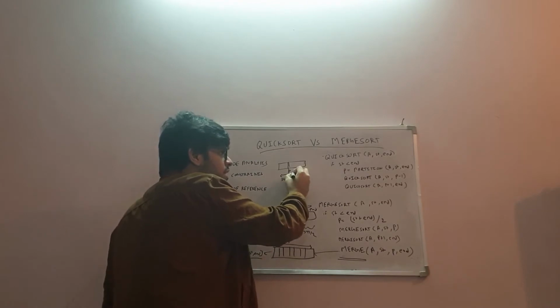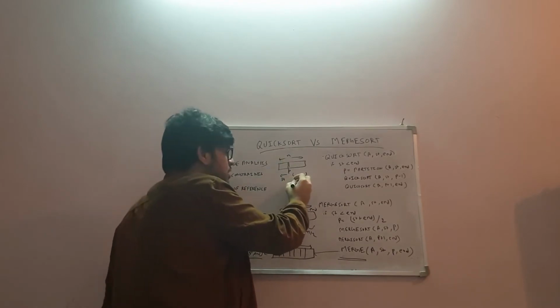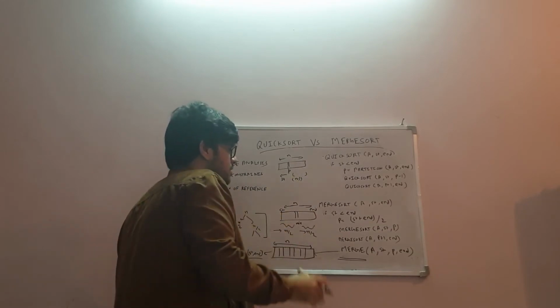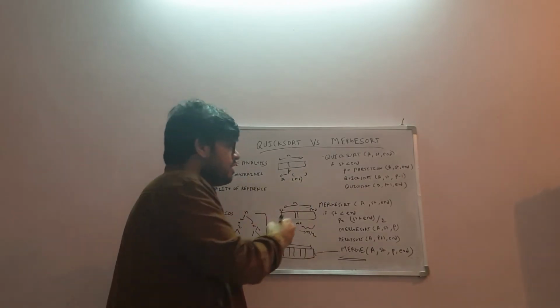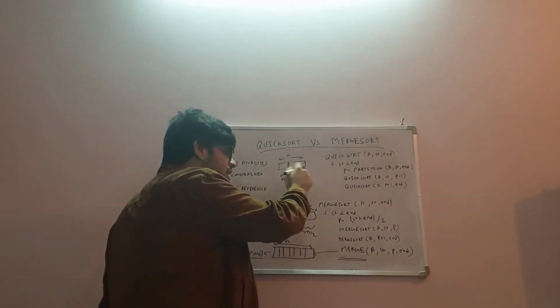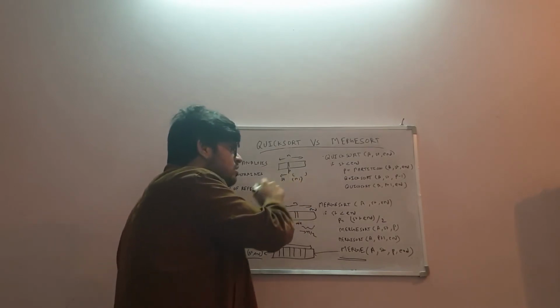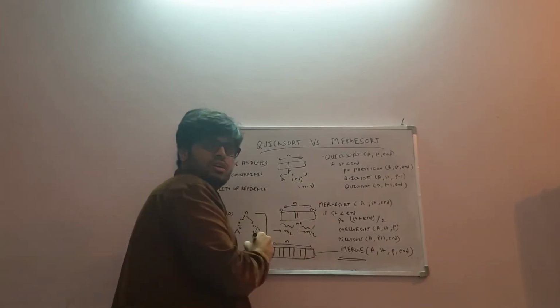Suppose the size is n, so all the n minus 1 elements would lie to the right of the partition, right? Let's suppose again, recursively, the next time you choose a pivot, it again lies at the start of the array. So what will be the number of elements to the right of the partition? That would be n minus 2, right?